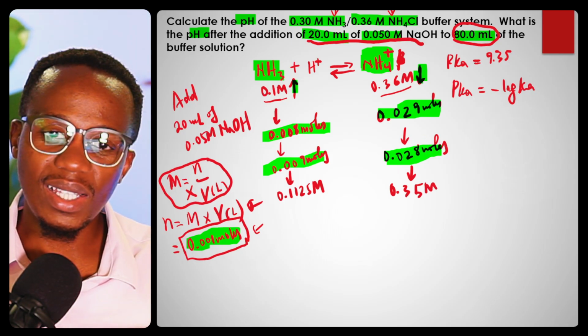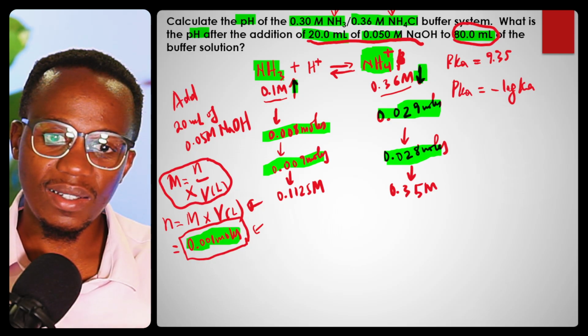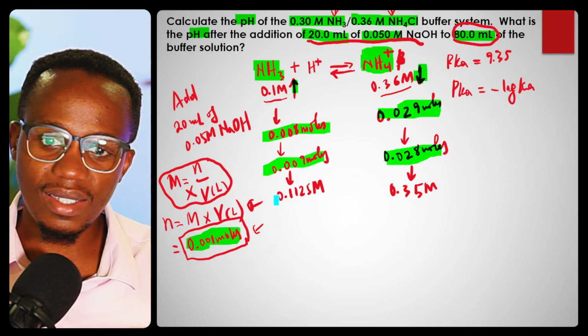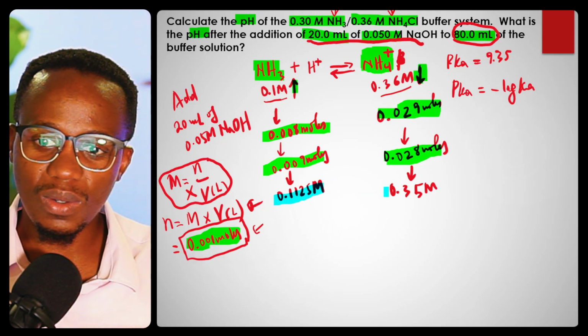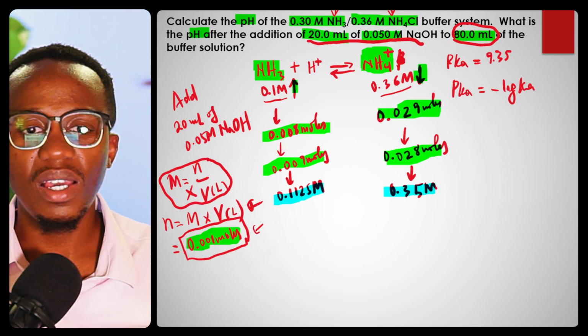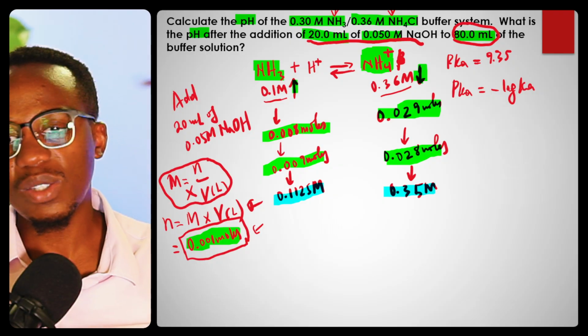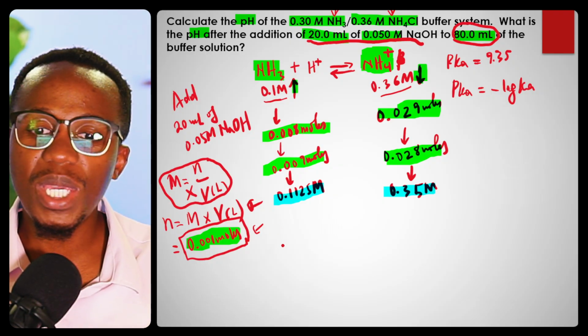So as you can see here, our new molarity has gone up here and then it has gone down here as it should. And now that we have the new molarity, guess what we can find? The new pH.